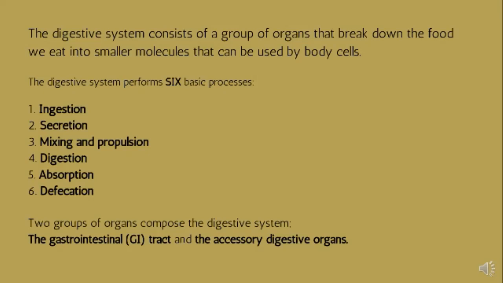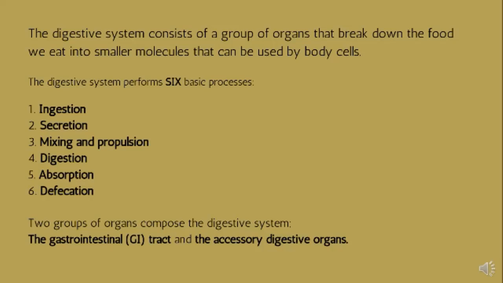So there are 6 basic processes of the digestive system. The first one is ingestion, which is taking food into the mouth. Second, secretion, the release of water, acid, buffers, and enzymes into the lumen of the GI tract. Third is mixing and propulsion, the churning and movement of food through the GI tract.